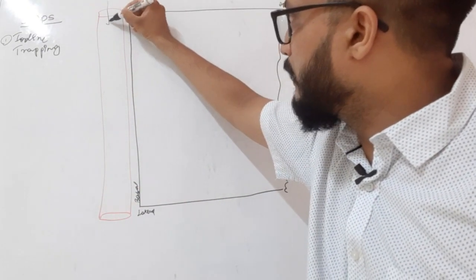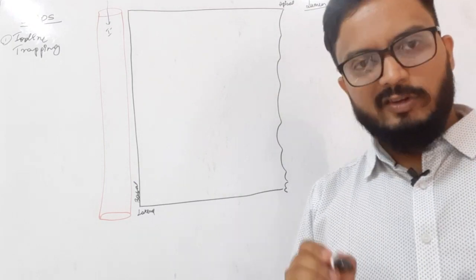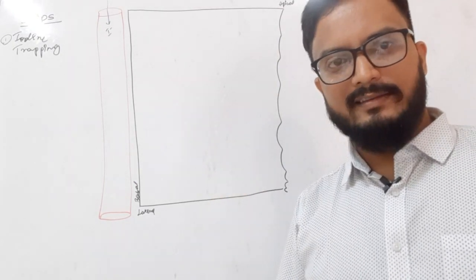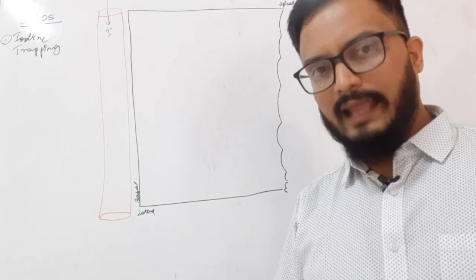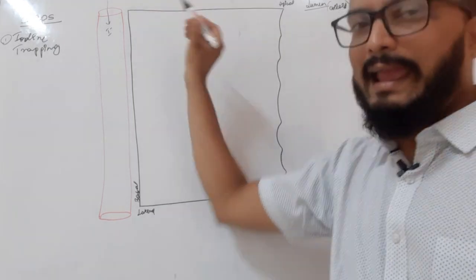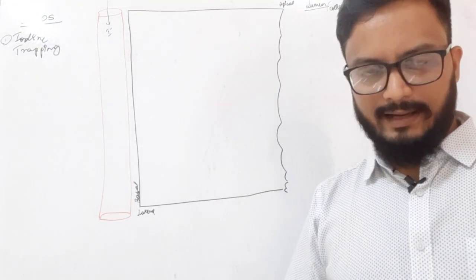So, iodide will come in the plasma. And it was also stated that the iodine concentration inside the follicular cell is more, therefore, this iodide will be moving against the concentration gradient inside the follicular cell.